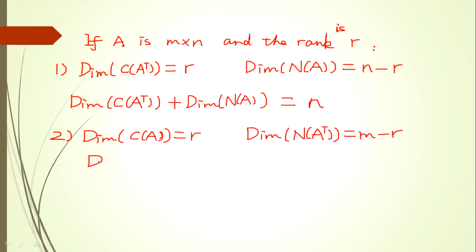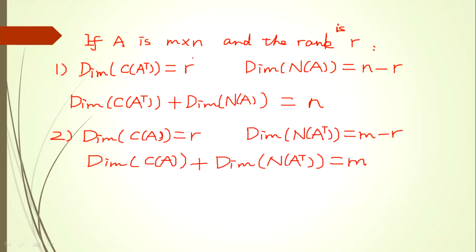So the sum of those two dimensions will be m. What is m? m is the number of rows in the matrix A. And this is the important relation, okay? And we know those four are subspaces, right?